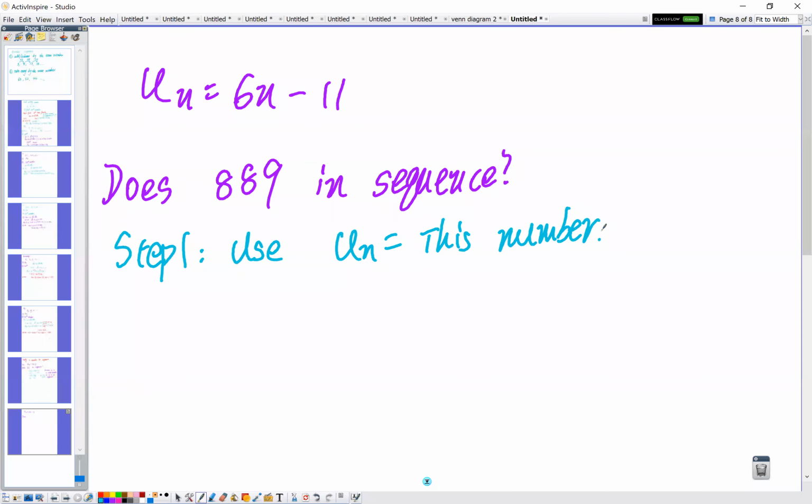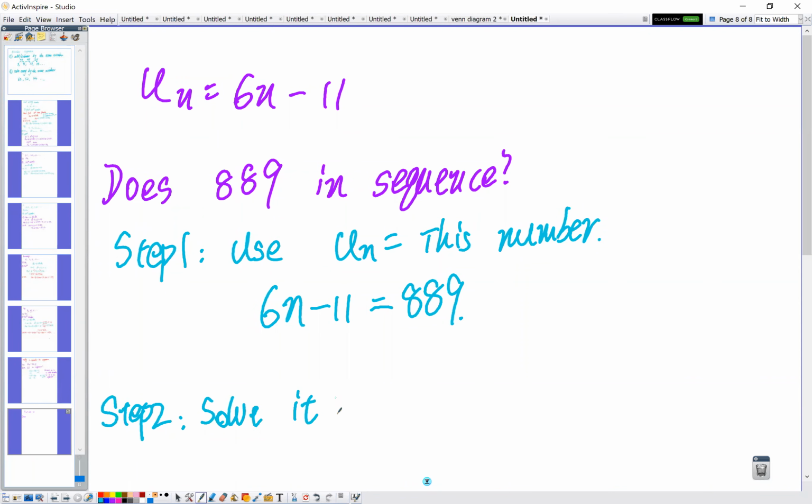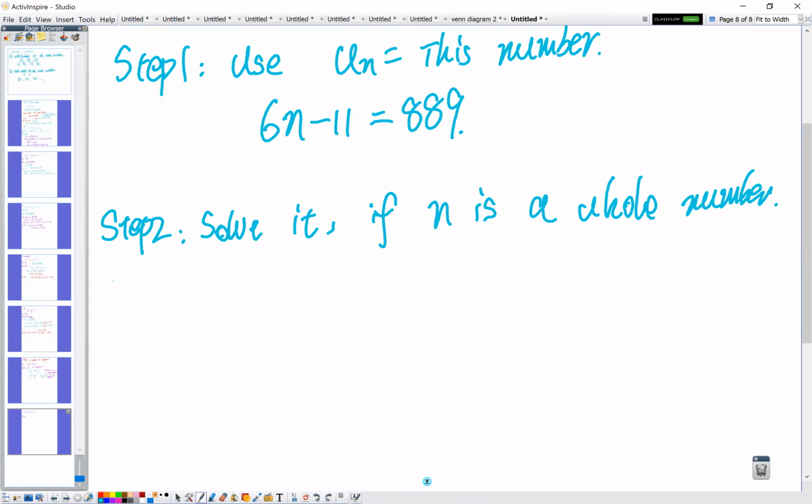You put this number, so in this case 6n minus 11 becomes 889. Step 2, solve it. If n is a whole number, then it is in the sequence.